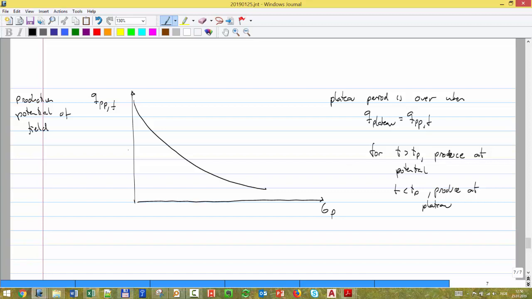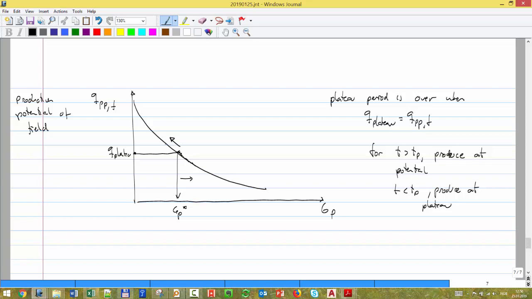So you can simply come with the plateau rate to this curve and read here the GP star. That tells you at that GP is where my plateau will finish. After that GP, I'm going to be in decline. That means in decline, I always follow this curve. And before that, I will produce in plateau.